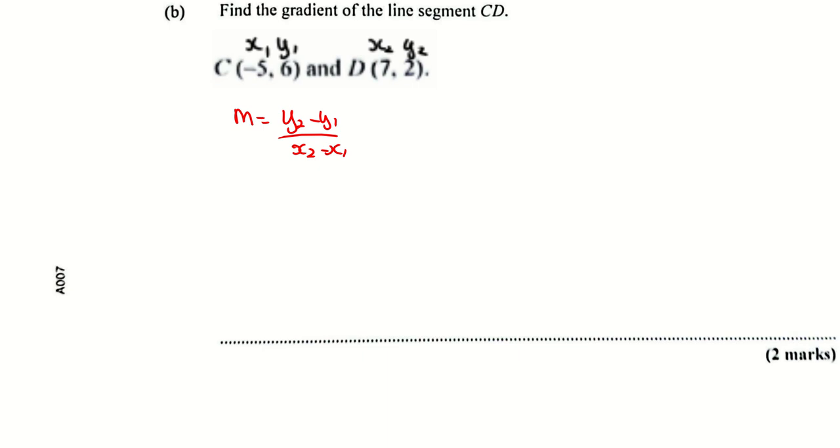So my gradient would be 2 minus 6 over 7 minus negative 5. 2 minus 6 is equal to negative 4. 7 minus negative 5 means 7 plus 5, which is 12. That's minus 4 over 12, which is minus 1 over 3. So the gradient of this line is negative a third.